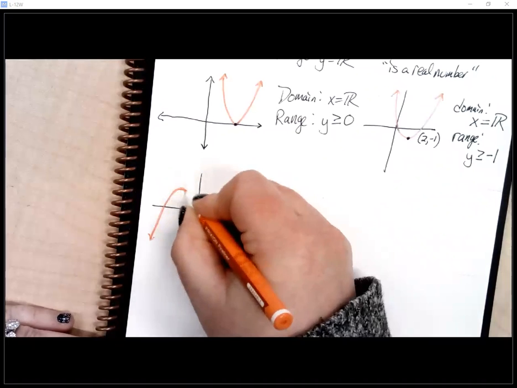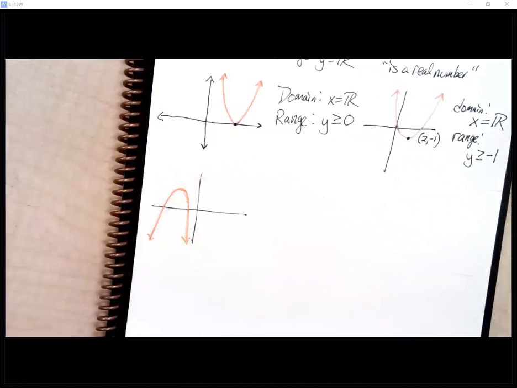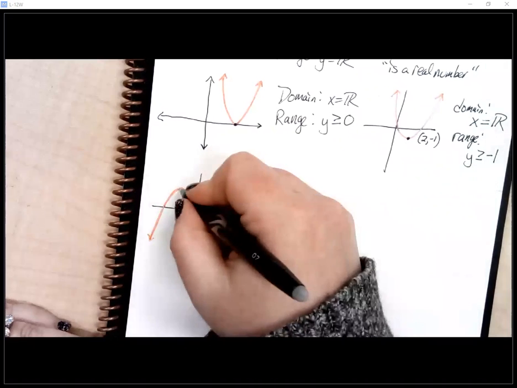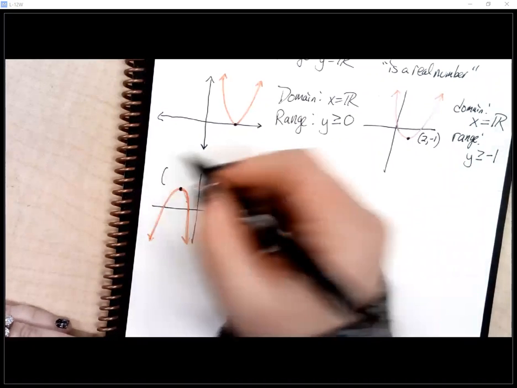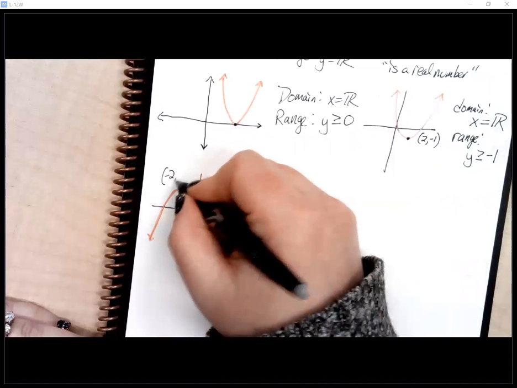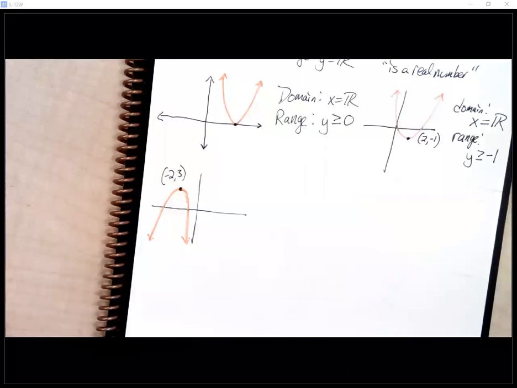Let's say that was my graph, and let's put this point at, oh, how about -2, 3? So take a moment and see if you can figure out the domain and range of this thing.